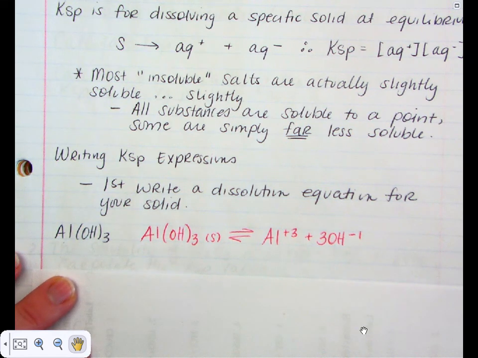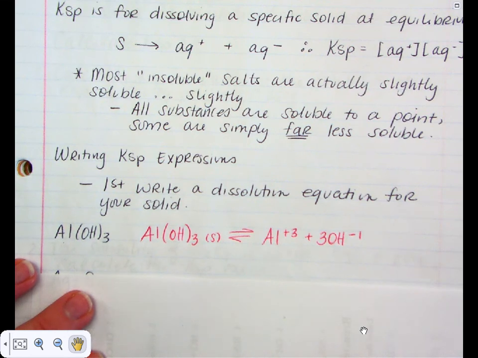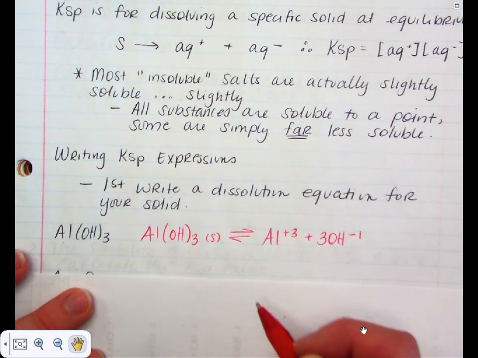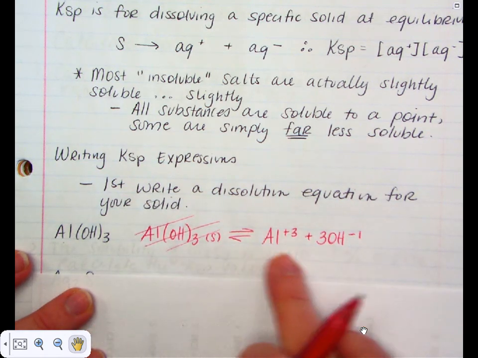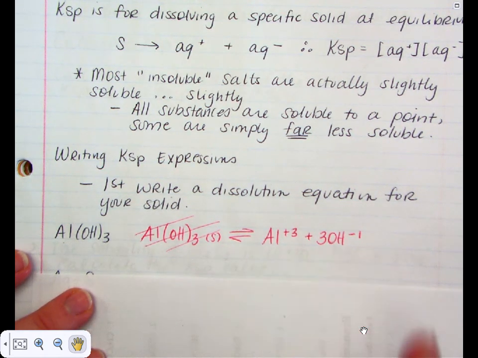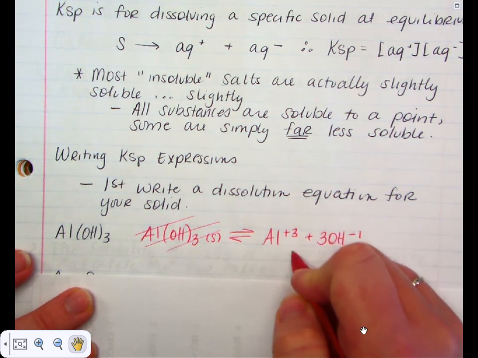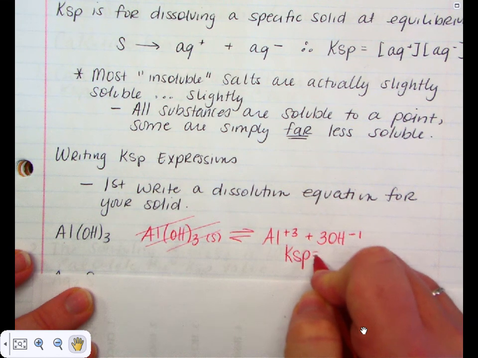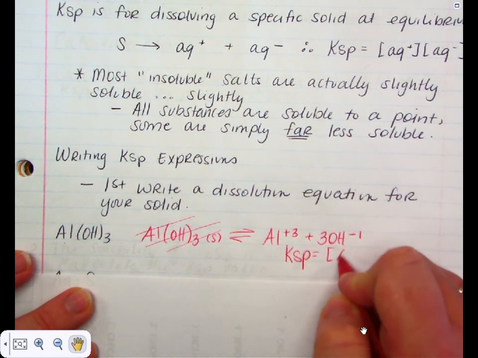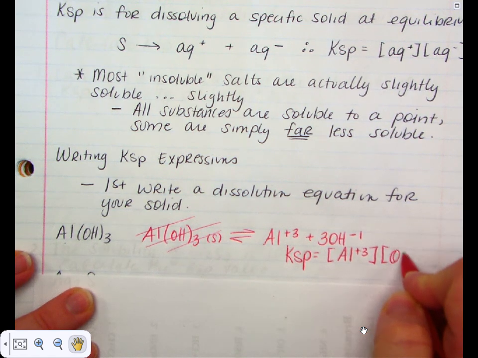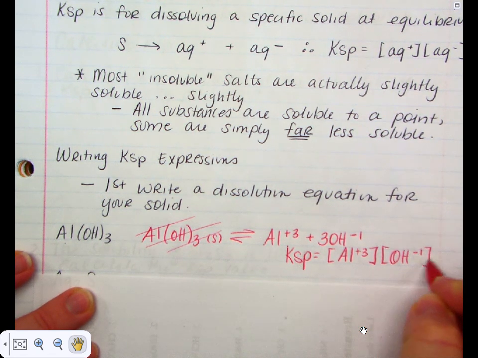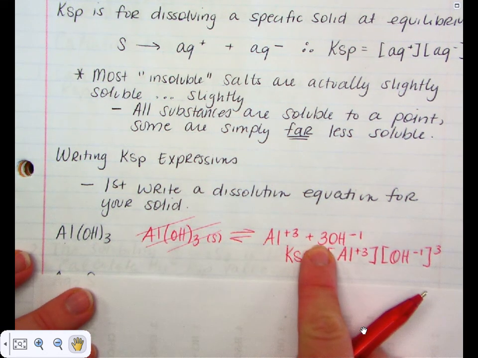Now we need to take that and write a KSP expression. We know we're going to leave out the solid, so I'm only going to be dealing with my 2 ions here. And it's just like I did in KEQ, except I'm going to write KSP instead of KEQ. So KSP is equal to the concentration of the aluminum times the concentration of the hydroxide raised to the 3rd power, because there's 3 of them.